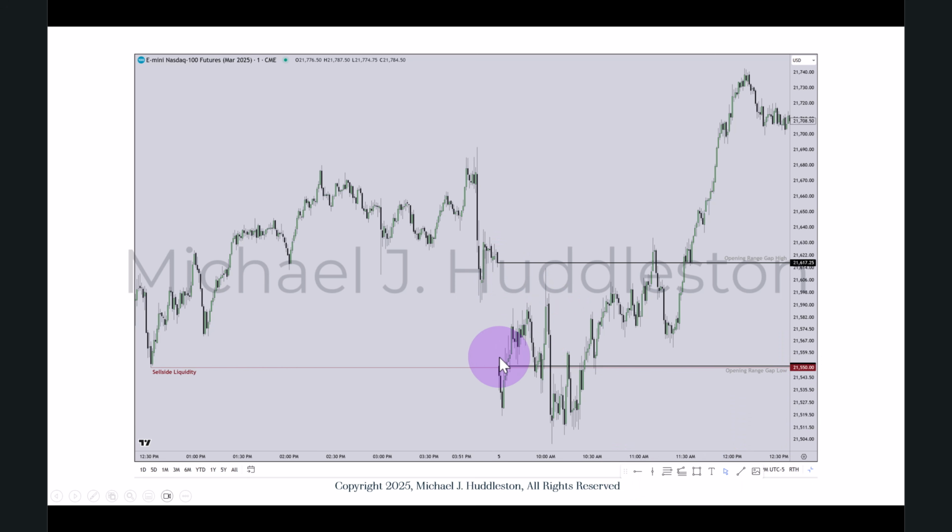Okay? So if we open lower than the previous day's settlement in RTH or regular trading hours, that is called a discount opening range gap. Opening range gap high when it opens lower at 9:30. The opening price at 9:30 is the opening range gap low.